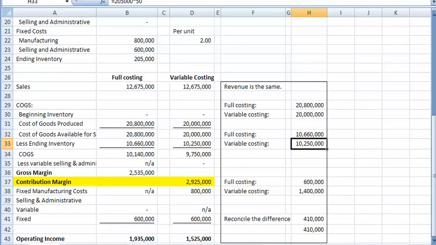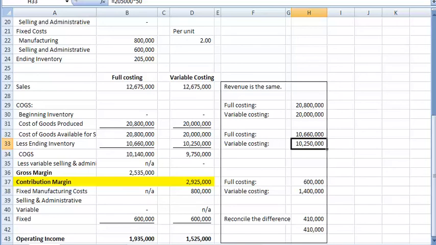Variable costing is lower in this case, and it'll always be lower than full costing when our inventory values are building. So in this case, we produce more than what we sold. Our ending inventory went up. So we're going to show more favorability in the full costing method just because we built up our inventory.